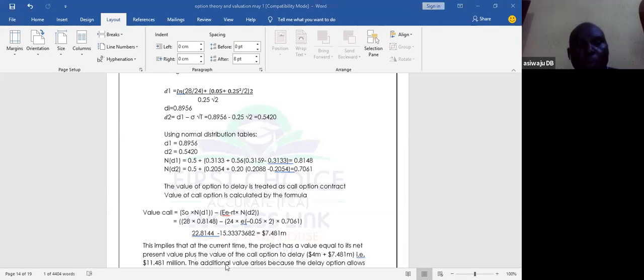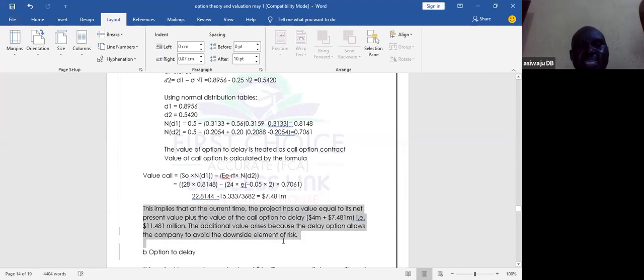Once you compute, this is the value of your call option. Now, look at the implication highlighted. This implies that at current time, the project has a value equal to its net present value plus the value of the call option to delay.